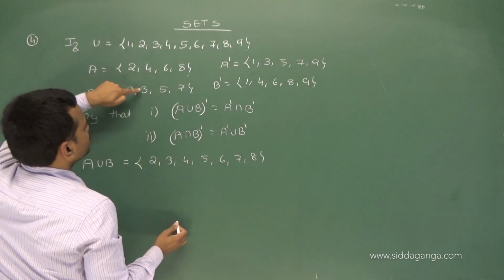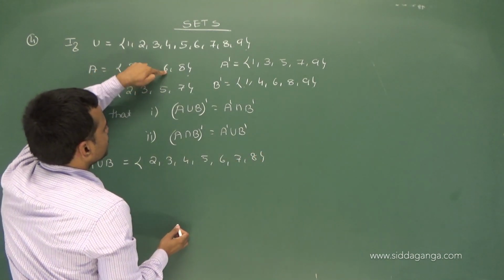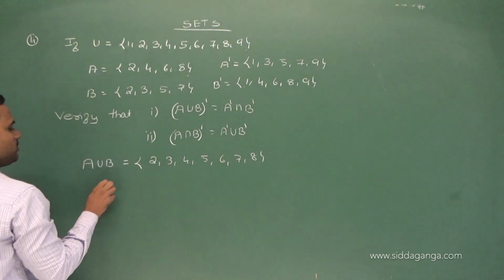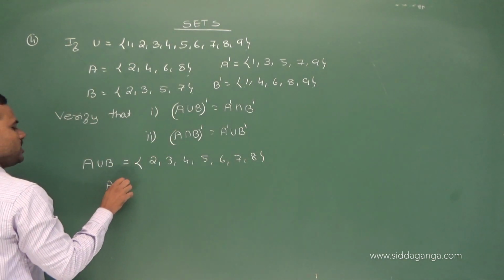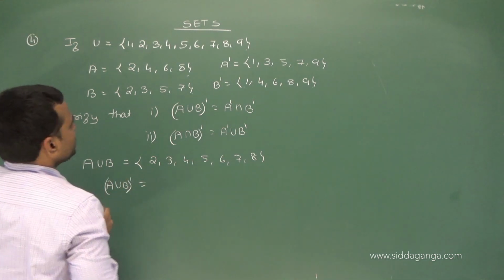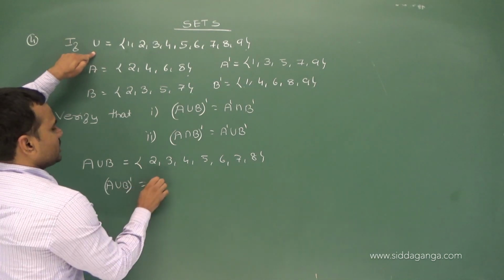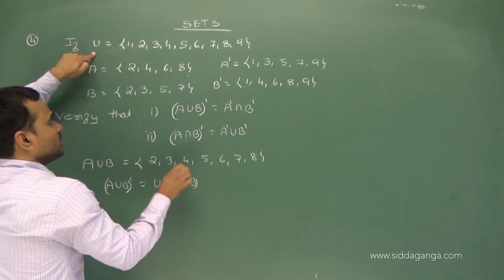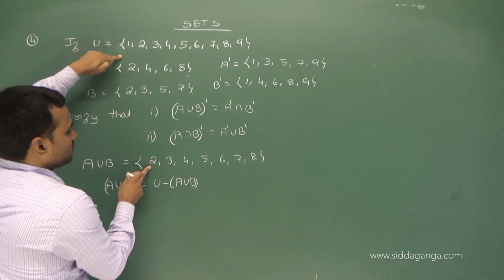Correct? So A union B whole dash is U minus of A union B. Comparing these two results.